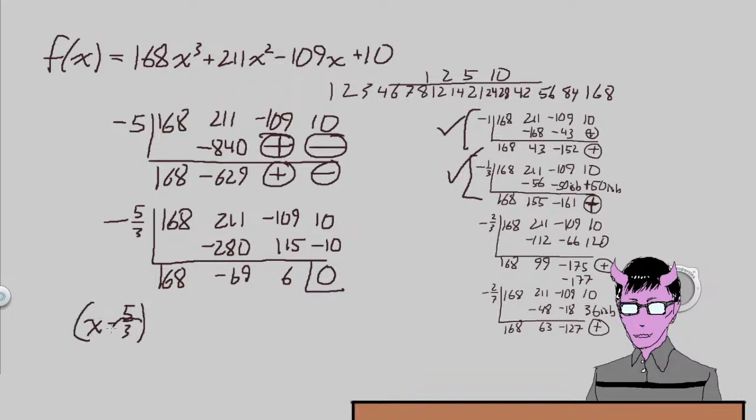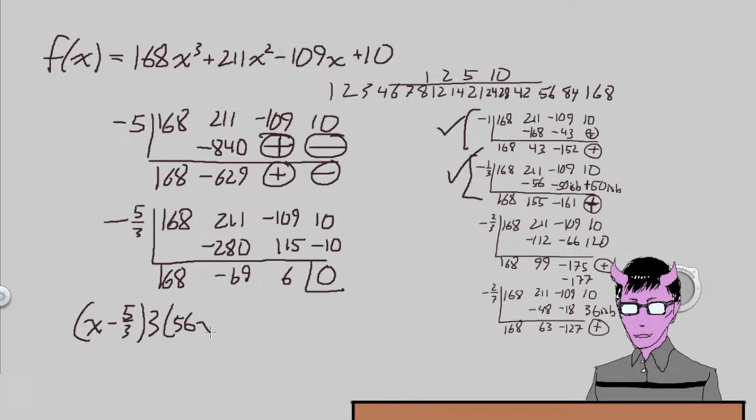It's a fraction. Usually this gives you a clue about how to factorize this. Because this is a 3, we can change it to nicer numbers by multiplying by 3. But can we pull a 3 from those 3 terms? Probably. So factor out 3 from 168. We're getting 56.